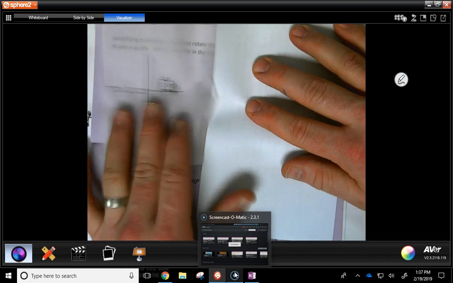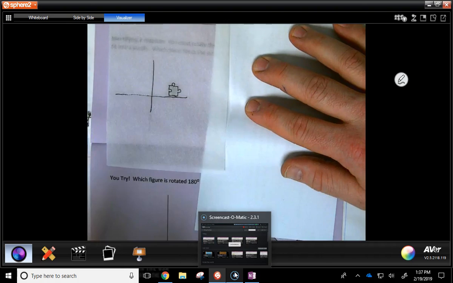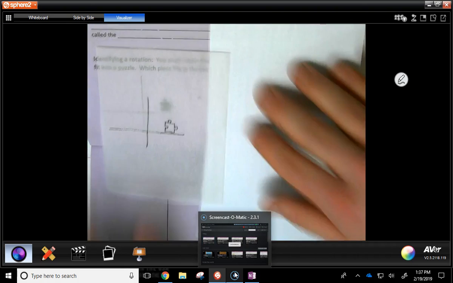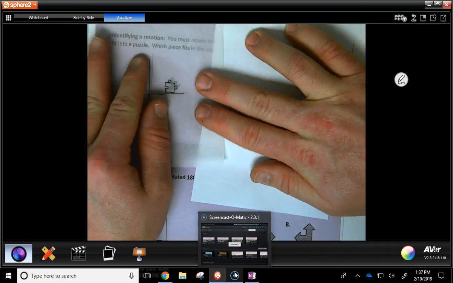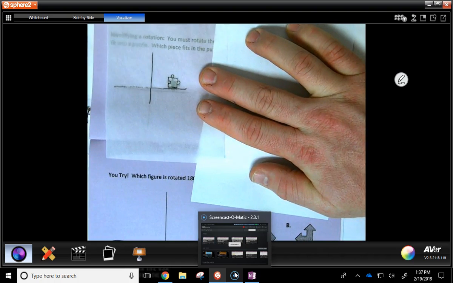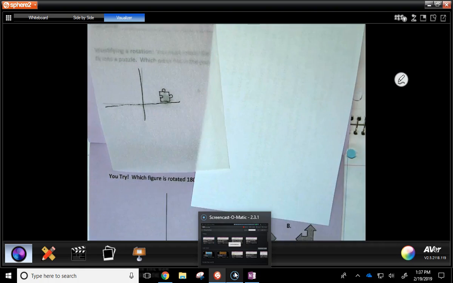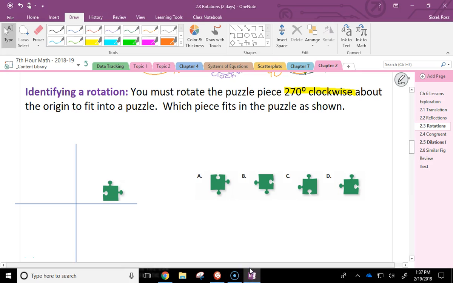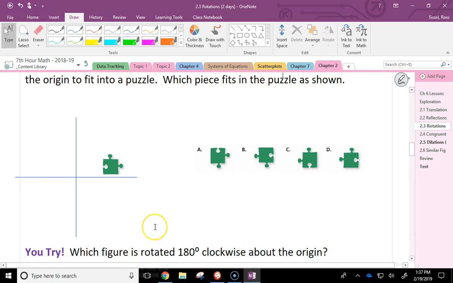When it asks me to turn this 270 degrees clockwise, physically take your paper and be turning it. Go ahead, do so, and then find out what your answer will be. So you're going to put your transparency paper here.